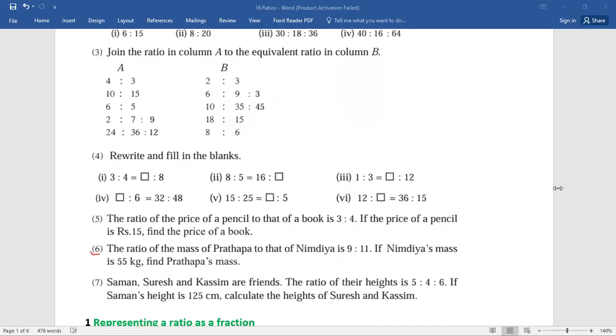Vinodhi has sent me the answers for the seventh one as well. Nice. If you got this, you can do the seventh one as well. In the meantime, I will discuss the sixth one. If you got the answer 45 kilograms, then you can try the seventh one as well. You have to send me the answer.